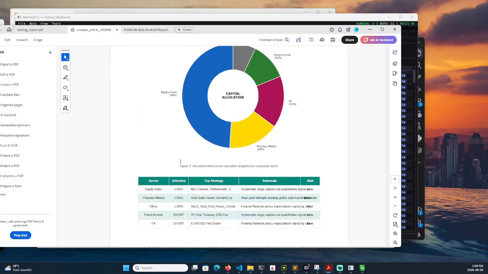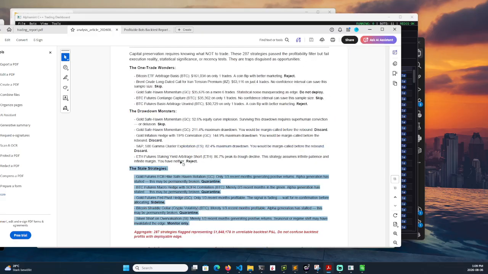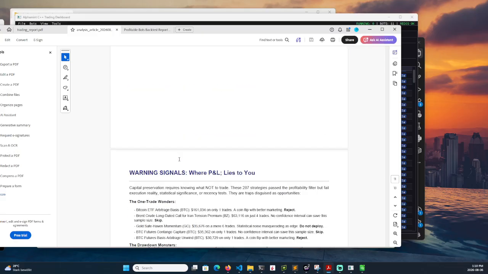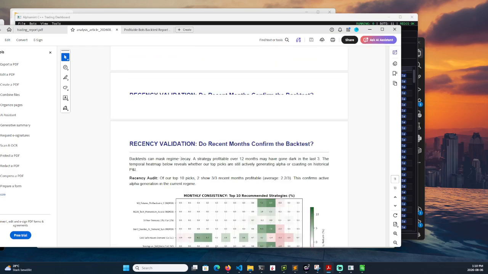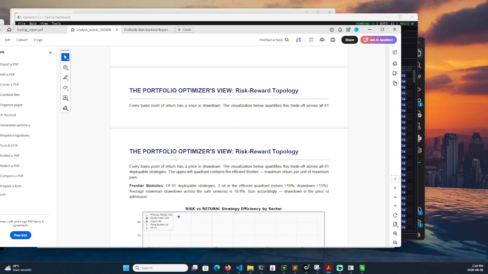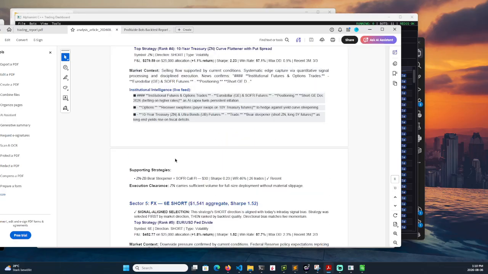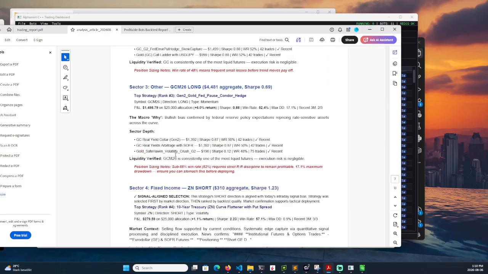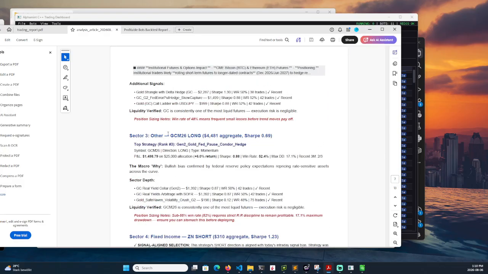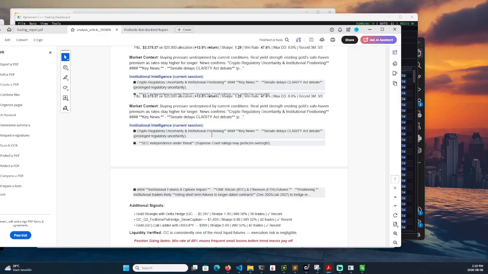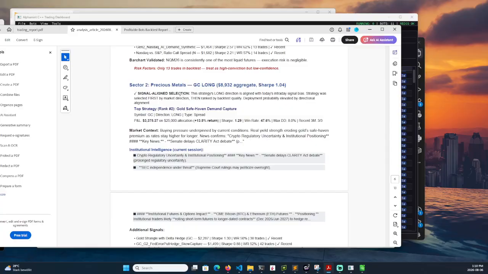So in here, the intention is to only run these strategies by day trading. So you deploy them early in the morning and hope that you get some profitable trades based upon what this is suggesting. So in this case, it's suggesting to go with potentially this particular one, this Gen 2 gold Fed pause condor hedge with options, or this one here of GC long.